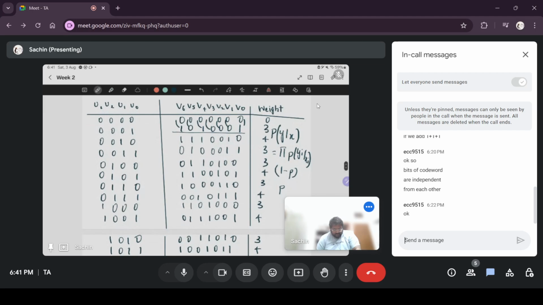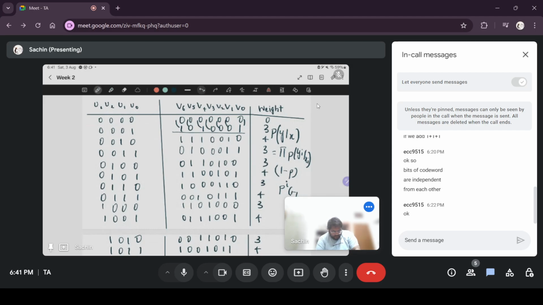So if the Hamming weight is i, i of those bits change from 0 to 1. The remaining n minus i bits did not change. So in a binary symmetric channel, the probability that this code word changed to the second code word is p power i into 1 minus p power n minus i.